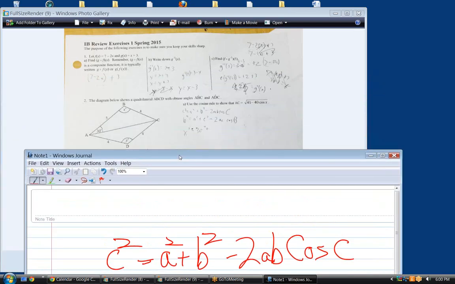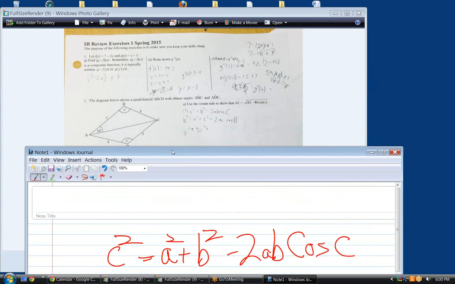So in this particular case, show that AC, well, AC is the side opposite the unknown angle, and we have the two other dimensions.